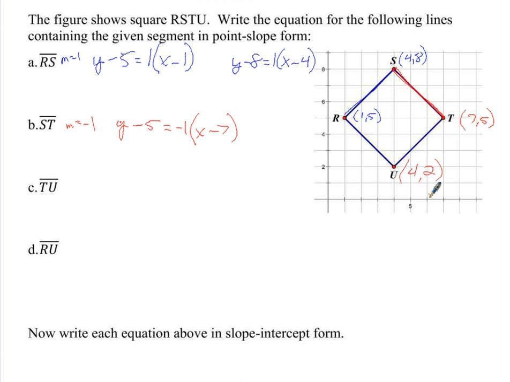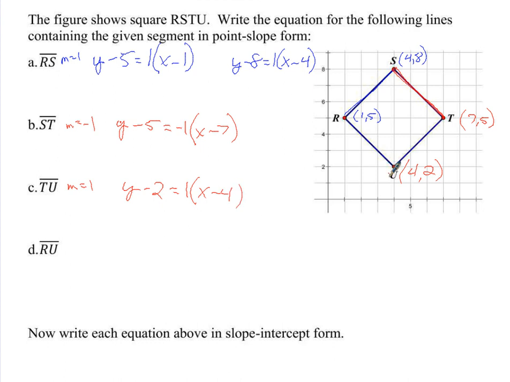All right, so for TU, what is the slope? For TU, it's positive. Segment goes up from left to right, so m equals 1. And an equation I could write would be y, what? Minus 2 equals x minus 4. Okay, so you did use U on that one.